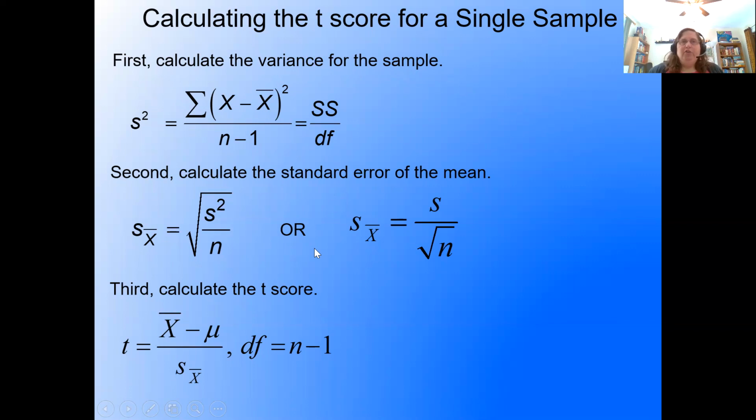Subtract each of our scores minus the sample mean, and we do this as many times as scores we have. Square each of those values, again as many times as scores we have. Then add them up, that we just do once. And then divide by n minus 1, also just once.